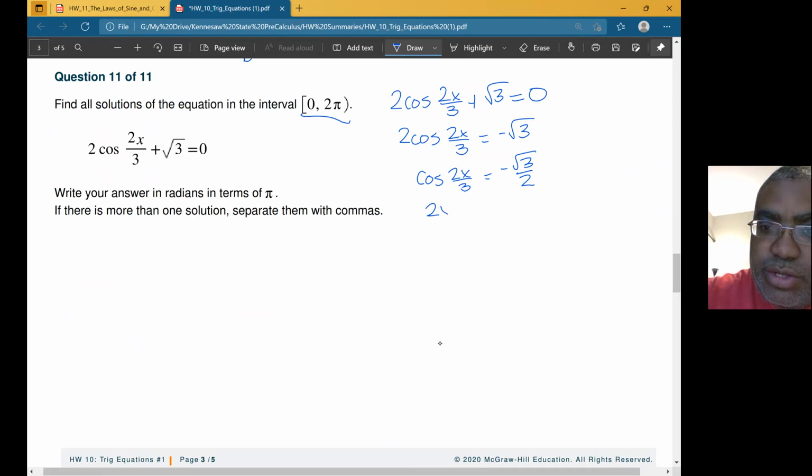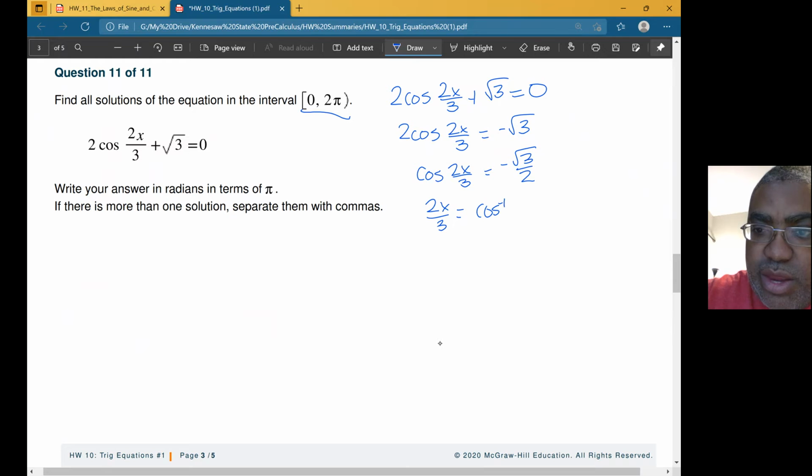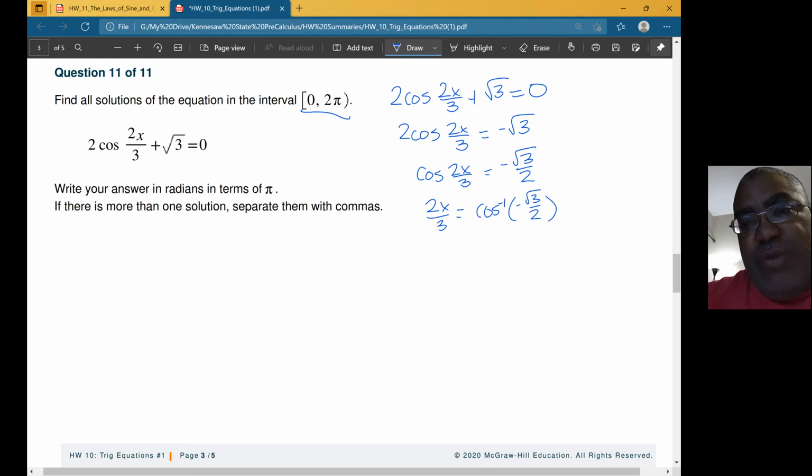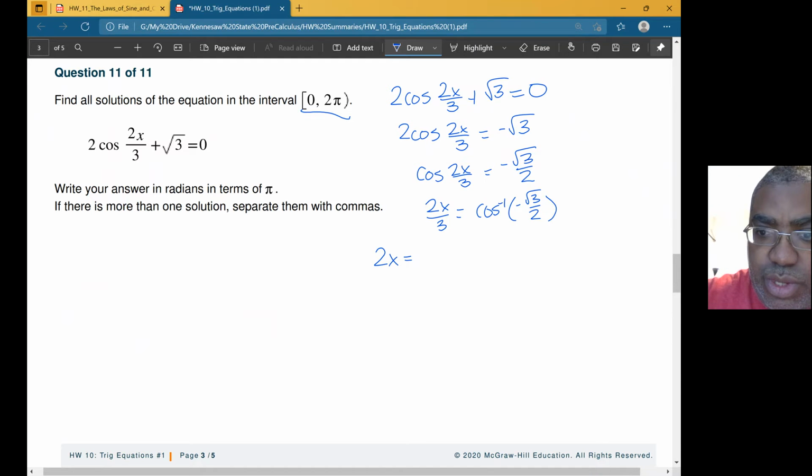So 2x over 3 is equal to the arc cosine of negative root 3 over 2. Where does cosine of theta equal negative root 3 over 2? That means that there are 2 places. 2x over 3 is equal to 7 pi over 6, and 2x over 3 is equal to 11 pi over 6.